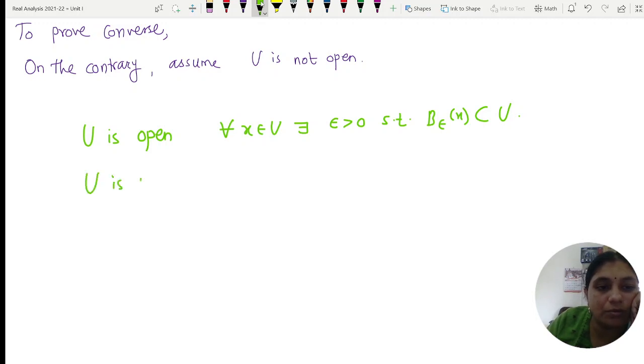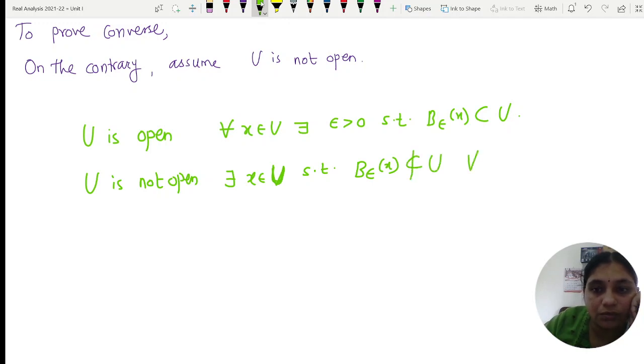U is not open means there exists x belonging to U such that the open ball does not contain in U. At least one B epsilon of x does not contain in U, for every epsilon greater than 0.